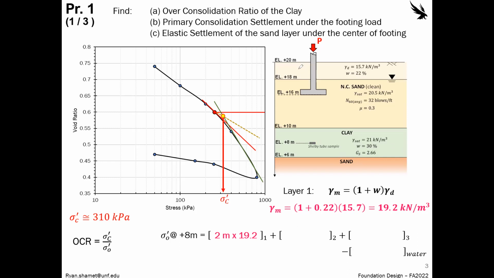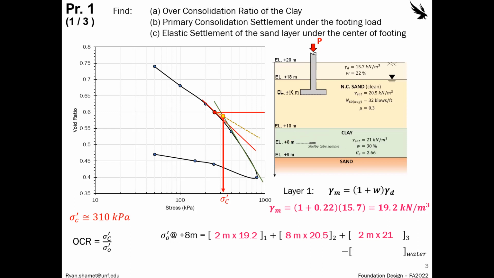We know this is 2 meters for this first layer. This second one, elevation of 18 and 10, so this is 8 meters. This is 8 meters right here. And then under that, we have 2 meters since it's only halfway, and the unit weight is 21.